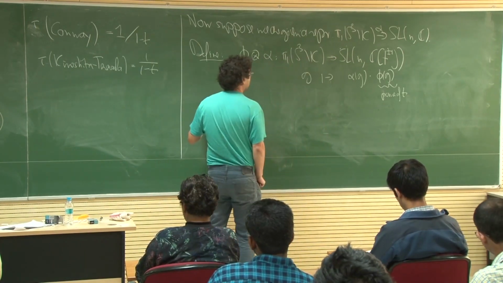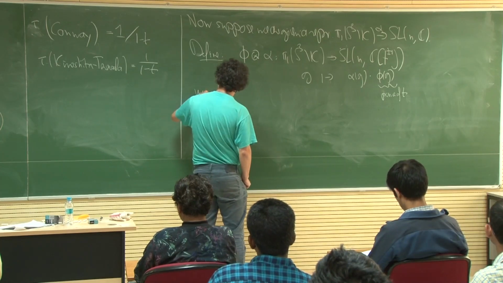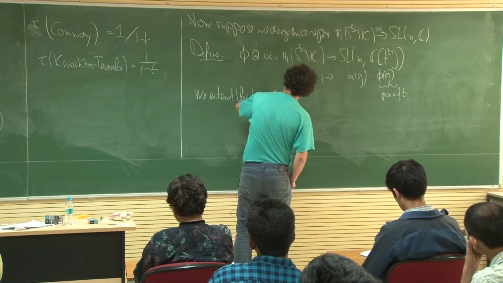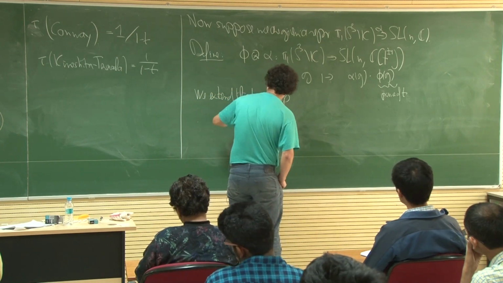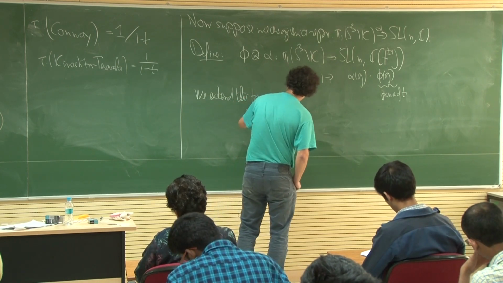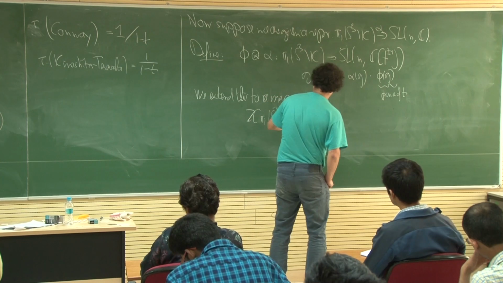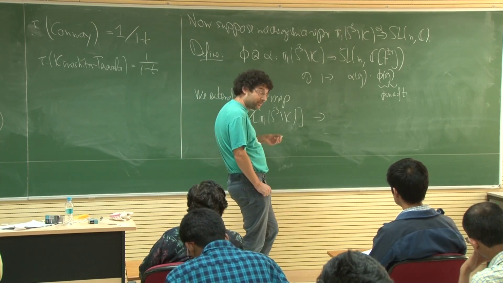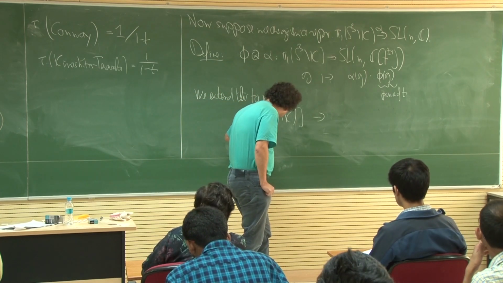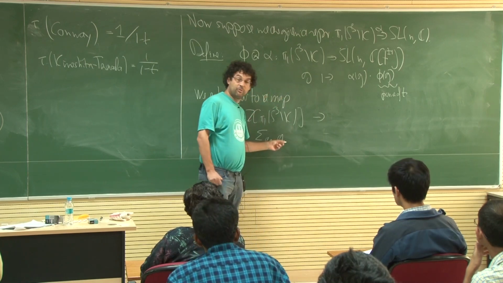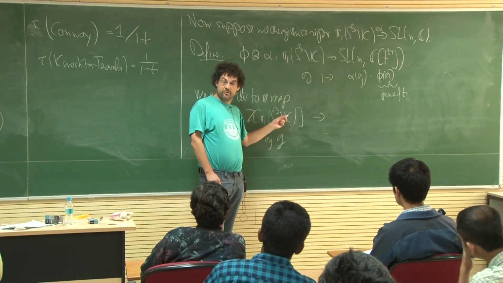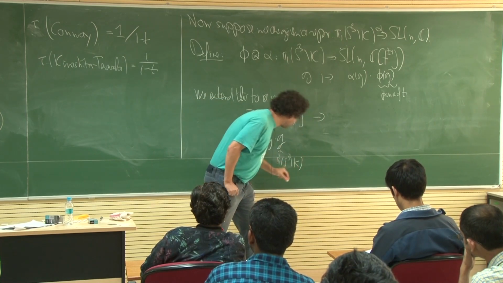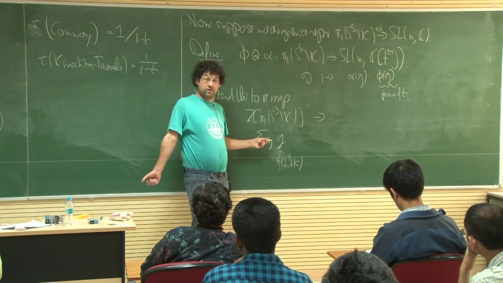And now equally simple. We extend this to a map of the group ring of pi 1 of S3 minus K. I guess most people know what a group ring is, but I'll just remind you. That just means formal linear combinations of elements in the group, the sum of a_g times g, where g is an element in pi 1 of S3 minus K and a_g is just an integer.